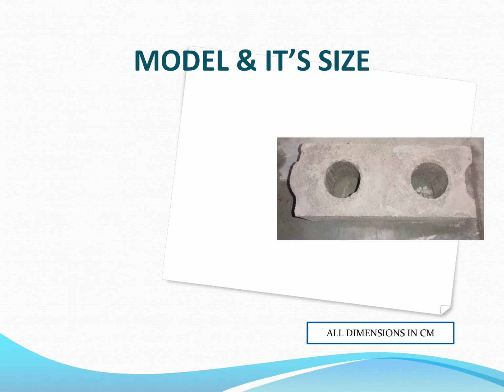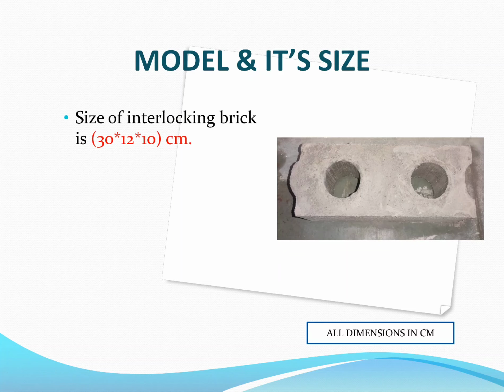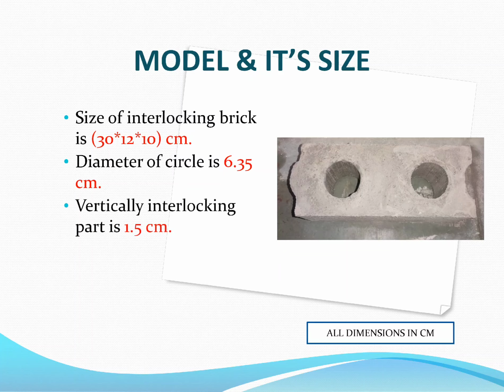Let's know about the model and its size. The size of interlocking brick is not specific, so here we are providing the size of interlocking brick as 30 by 12 by 10 centimeters. The diameter of the circle is 6.35 centimeters and the vertically interlocking part is 1.5 centimeters.